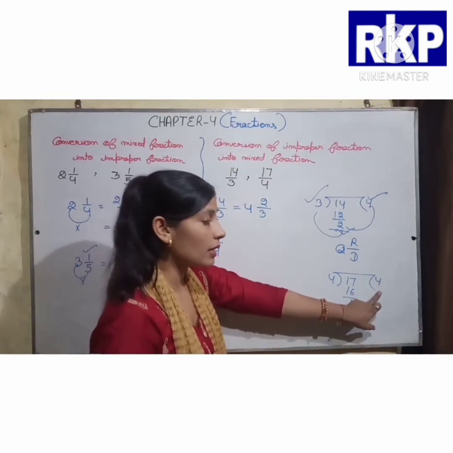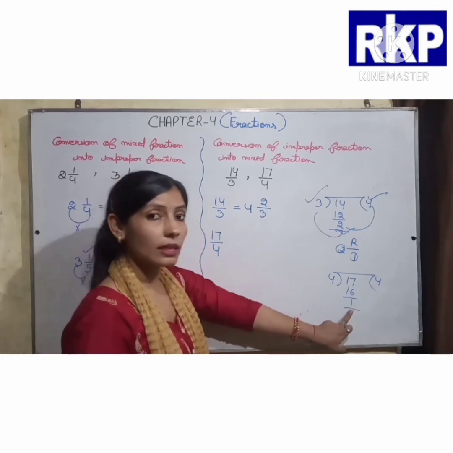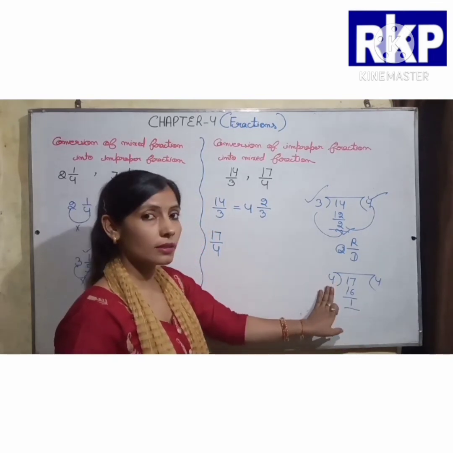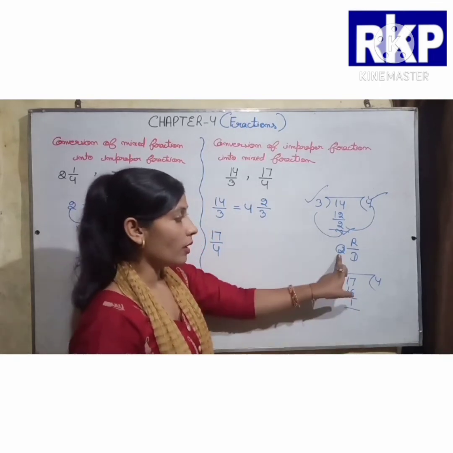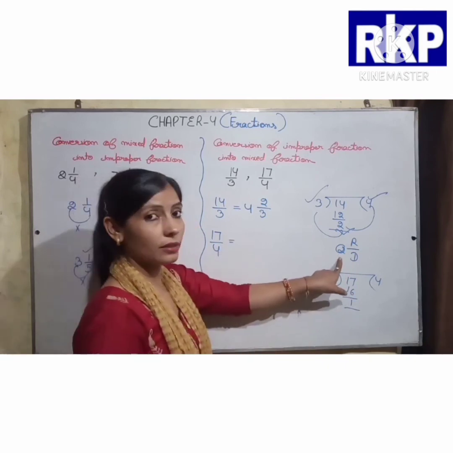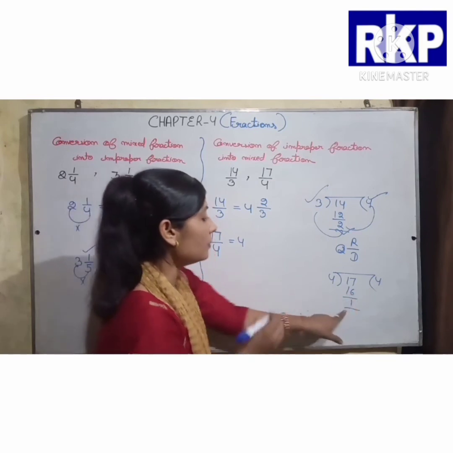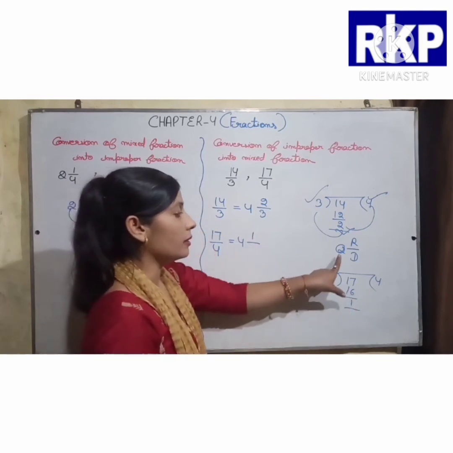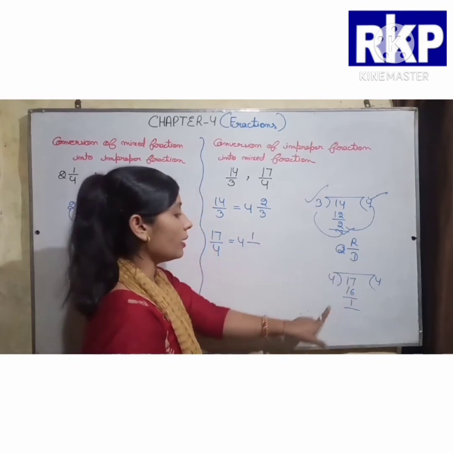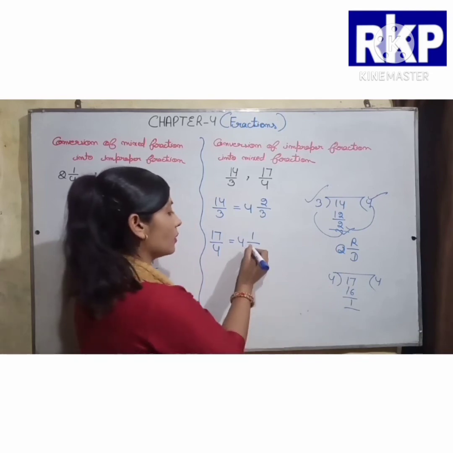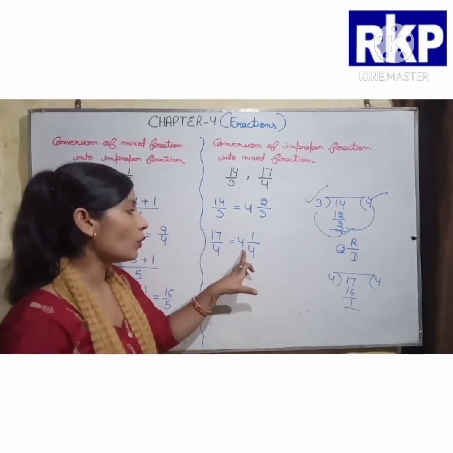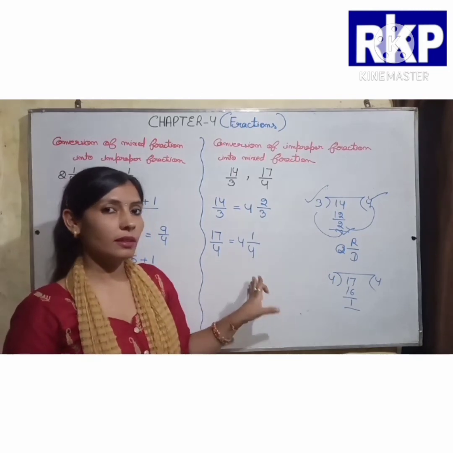Yes, 4 is our quotient, 1 is our remainder and 4 is the divisor. So first of all we write the quotient, which is 4, then the remainder and then the divisor. And what is the divisor here? 4. So 4 and 1 by 4 is our answer.